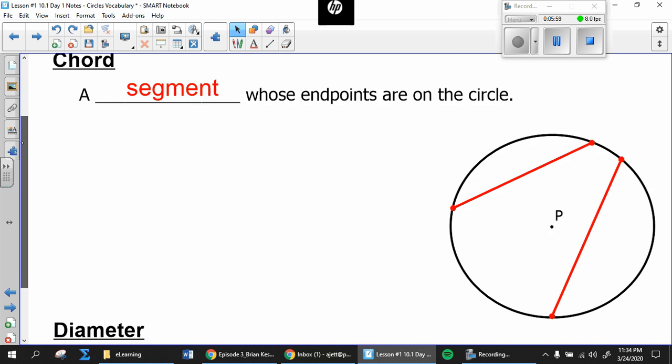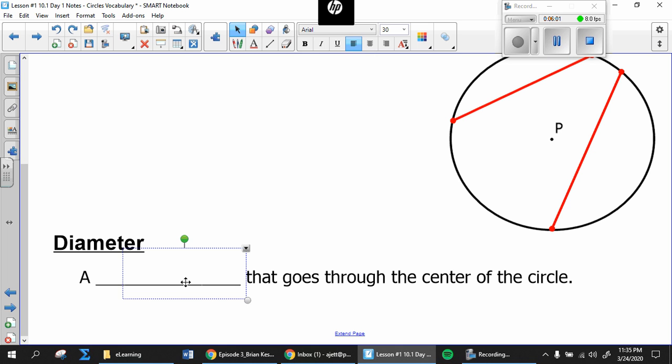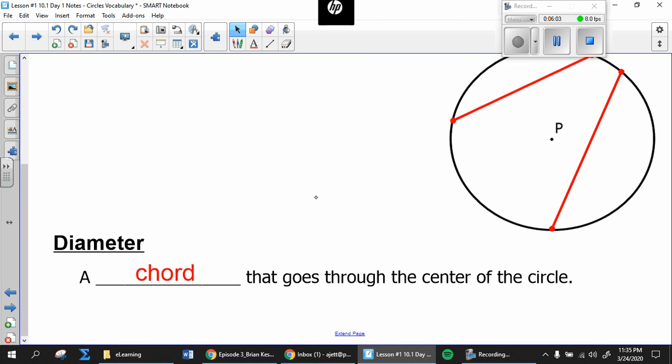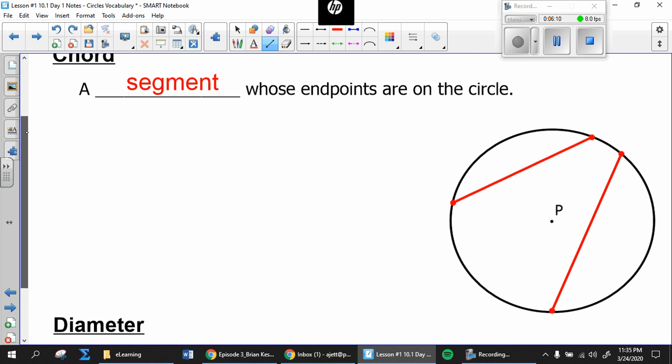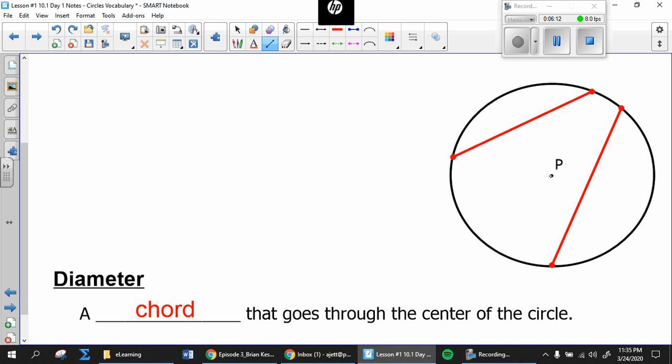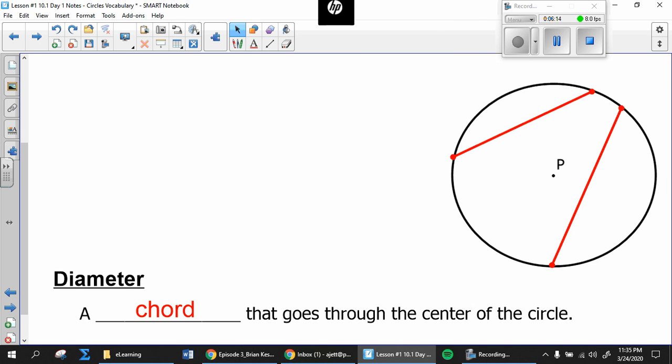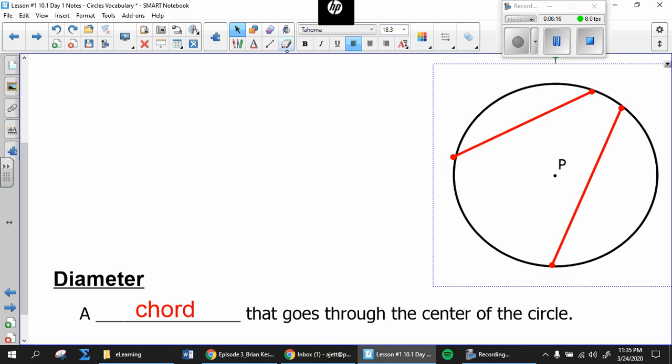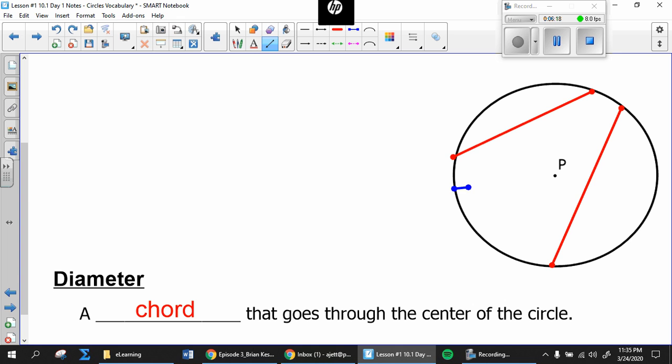Okay, a diameter is a chord. A diameter has two endpoints on the circle. What makes a diameter more specific than just any chord is that it goes through the center of my circle. So it goes from the circle to the circle, but it has to go through the center.